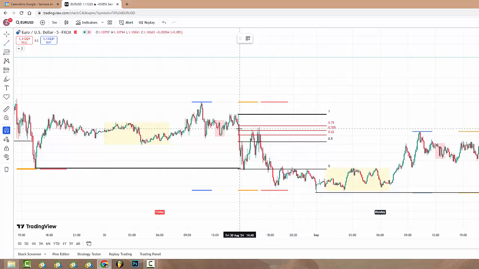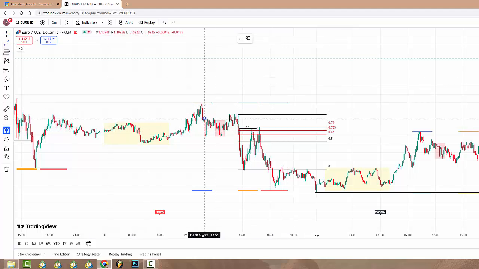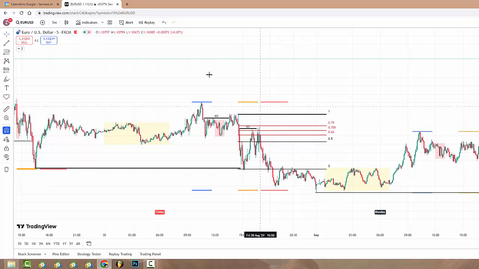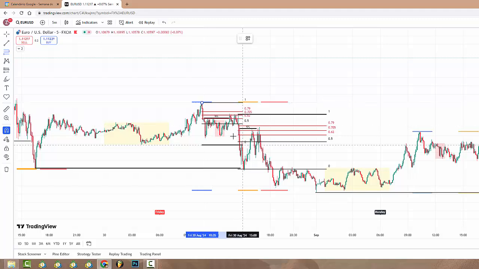You have this inducement right here to get taken. That was stuck, and it was stuck right here as well. So this is like the following the money method. You're following the liquidity, basically.